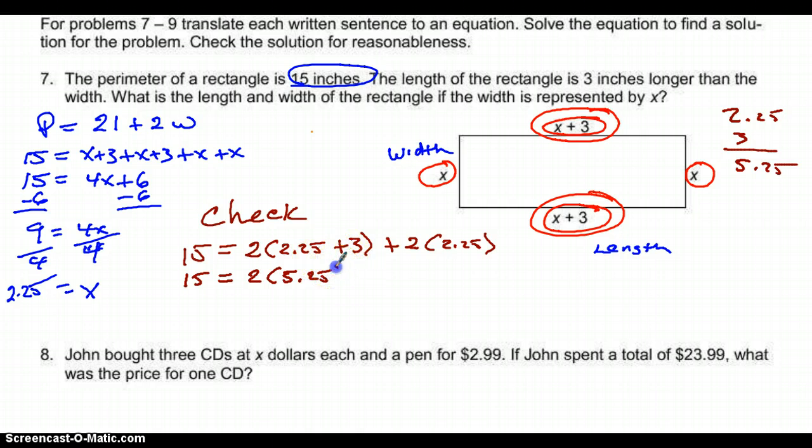I'm combining these two here, and here plus 2 times 2.25, and I will get 15 is equal to 2 times 5.25 is 10.5 plus 4.5, and we see that 15 indeed equals 15. So we have an identity, which means that our answer is correct.